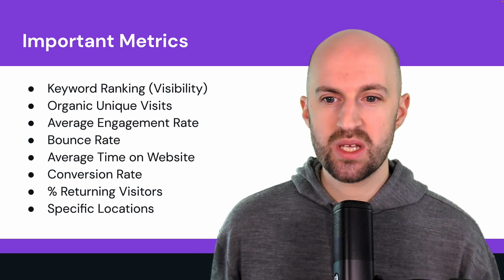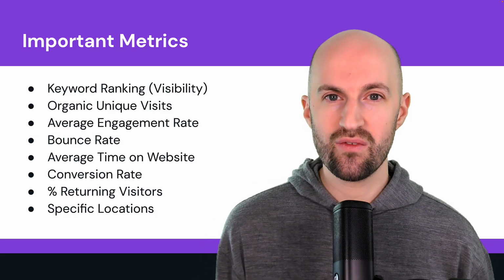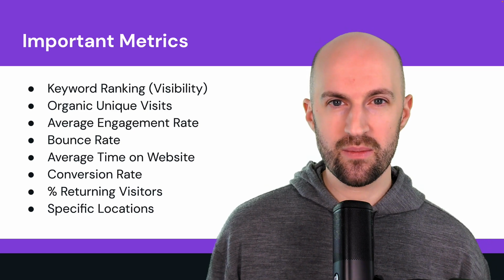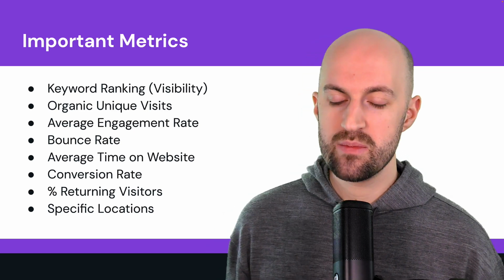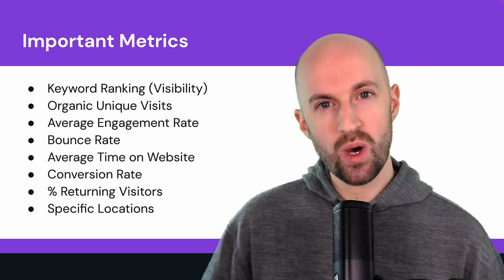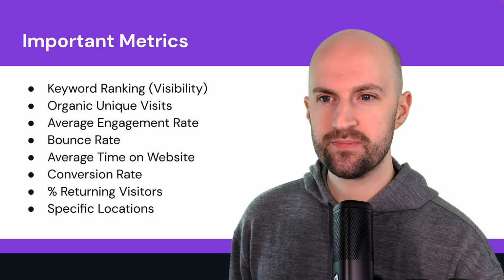Average time on your website, you want more of that. Conversion rate, you want a high conversion rate if you have sales or services on there that they purchase. The percentage of returning visitors, you want people coming back to your website, and the specific locations.